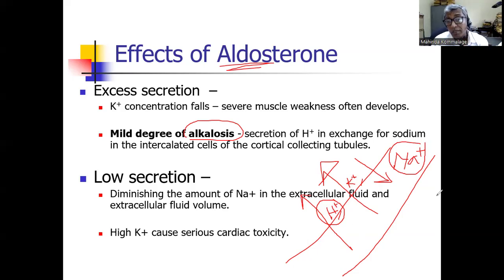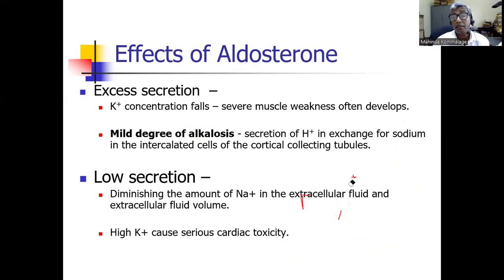Remember that when one sodium is reabsorbed, one potassium or one H plus will be removed from the body, or removed into the renal tubule, right? So if there's excess aldosterone, more sodium will be reabsorbed. At the same time, more H plus might be removed and alkalosis will develop, right? So this is a possible consequence of a high aldosterone level in the body, right?